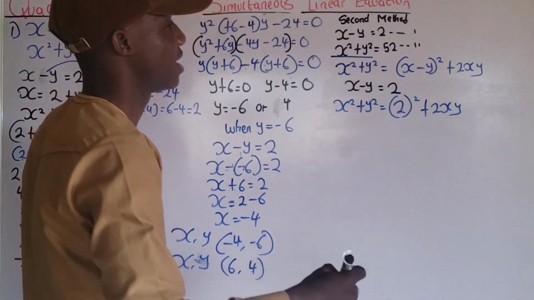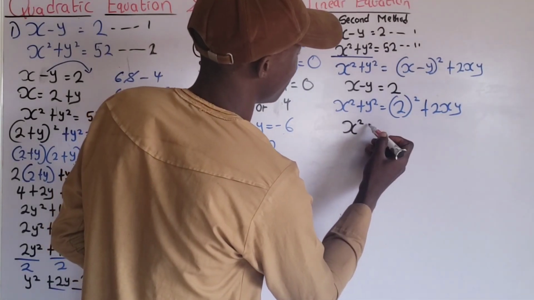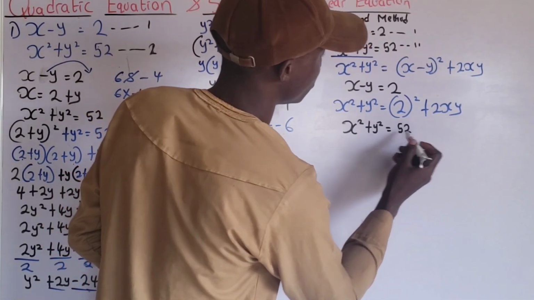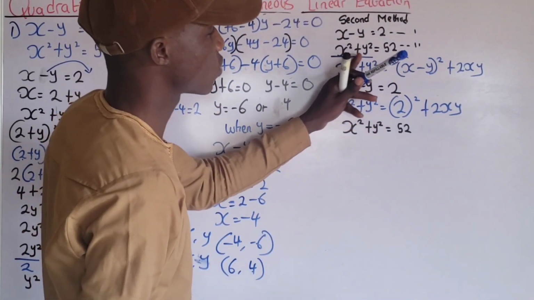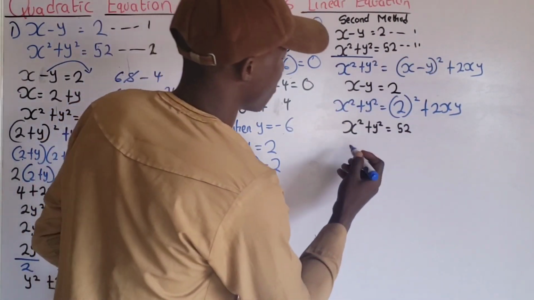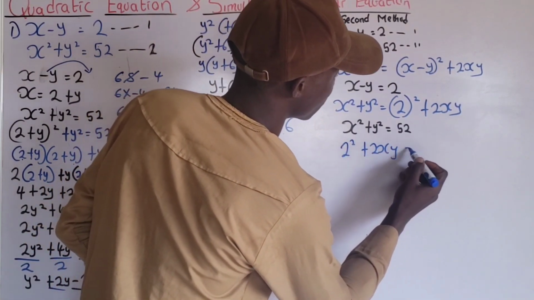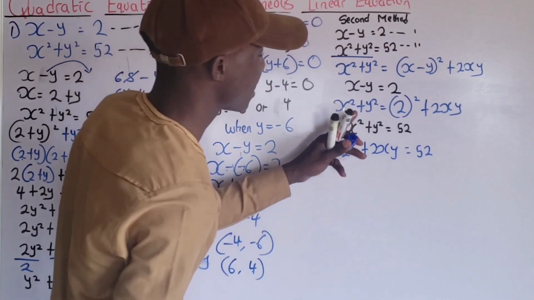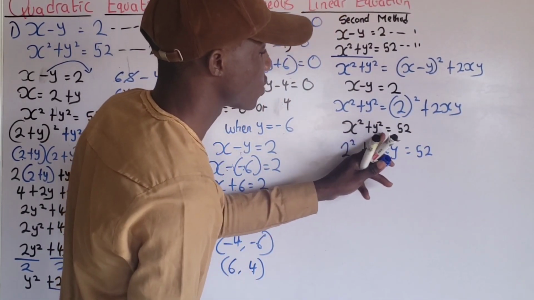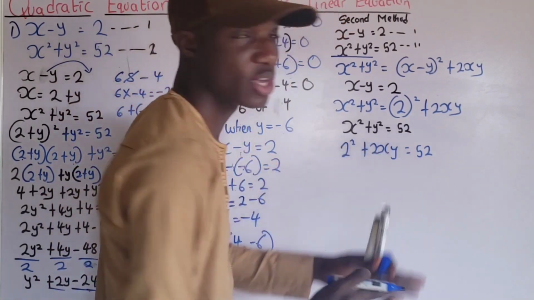Another thing is that don't forget that x squared plus y squared is equal to 52 in the second equation. So therefore, I'm going to have 2 squared plus 2xy equals 52, since x squared plus y squared is equal to 2 squared plus 2xy, and x squared plus y squared is equal to 52.